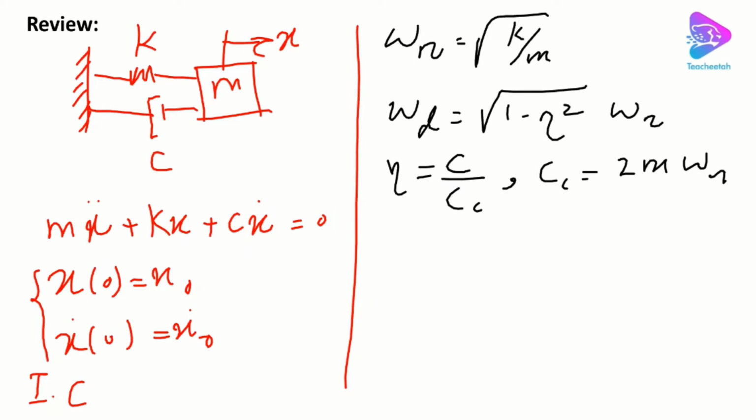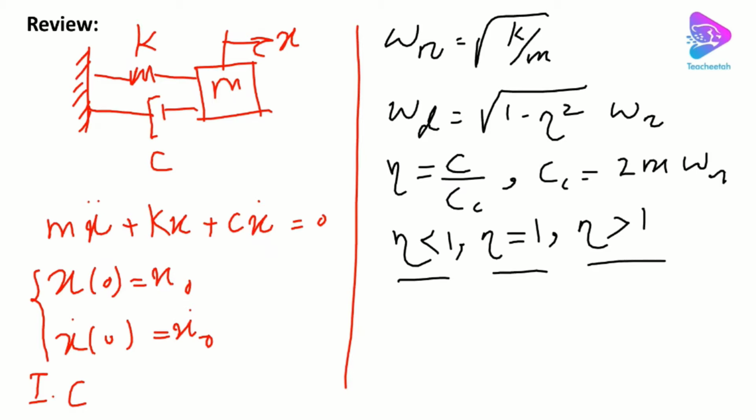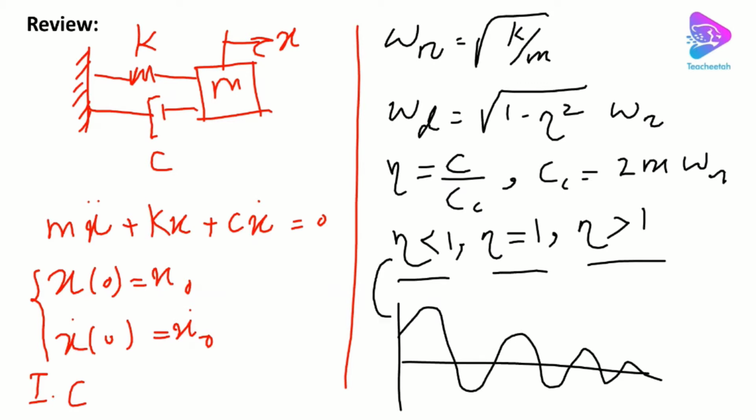And then we also discussed that the response of the system, depending on the zeta value, whether it is less than 1, equal to 1, or greater than 1, would be different. We had three cases: the underdamped system, the critically damped system, and the overdamped system. We showed that the response of the system could be harmonic, decaying, for an underdamped system, it could be a sort of quick stop for a critically damped system.